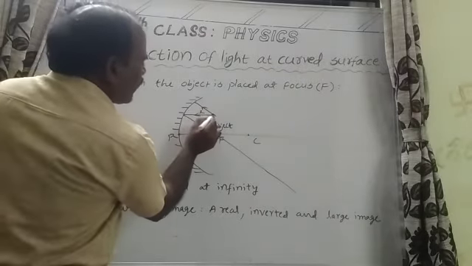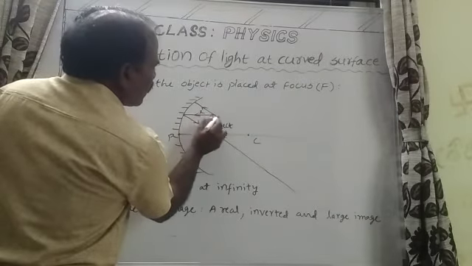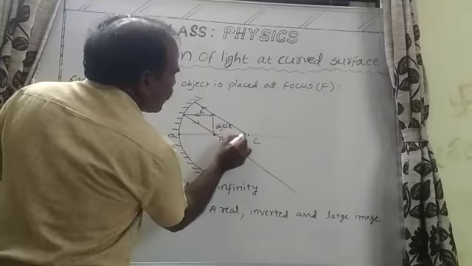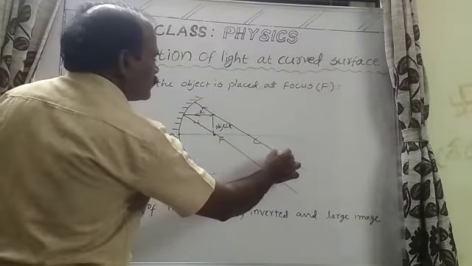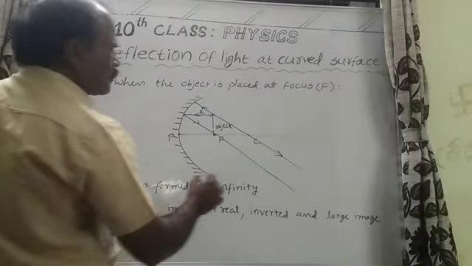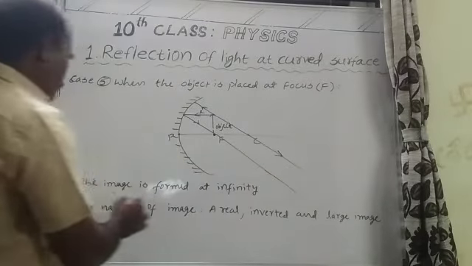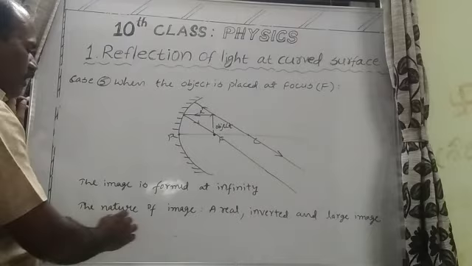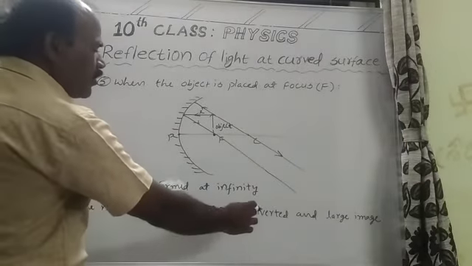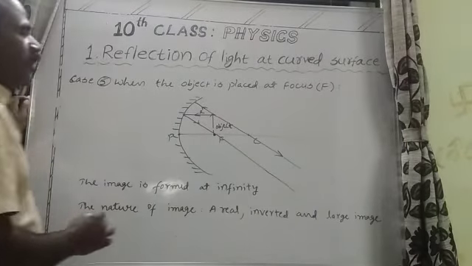Then the reflected ray passes through the center of the curvature. The image is formed at the infinity. The nature of the image is real, inverted and large.